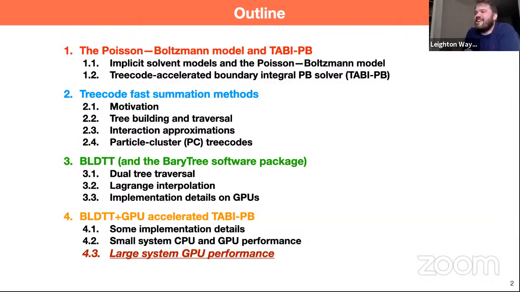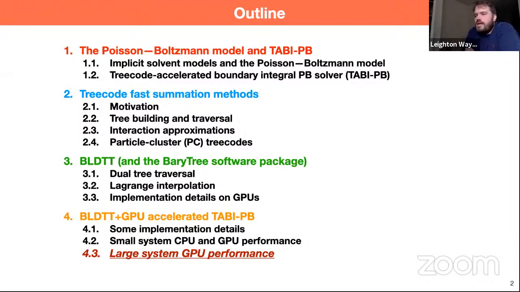And I'll talk about the original TABI-PB solver as it stood in 2013. Then I'll talk about a very important piece of this, which are tree code fascination methods, what they are and why we're using them in this context.